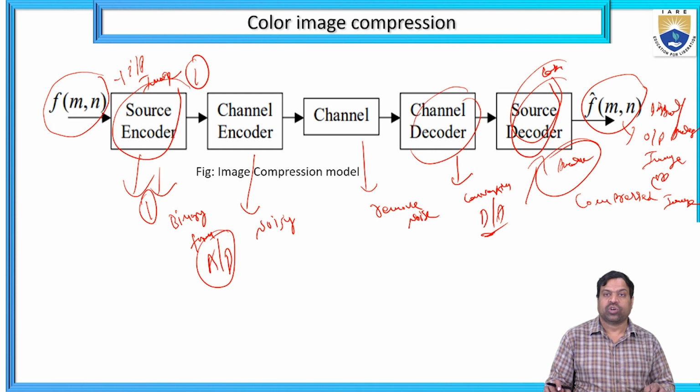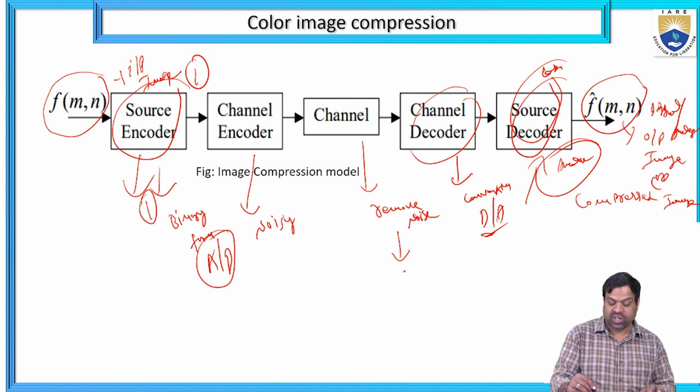Okay, this is a block diagram of the image compression model. Input is f of m comma n, the input image. The first stage is the source encoder, analog to digital compression. In the channel encoder, noise is removed. And the channel is where we are finalizing, meaning we have the compressed image.